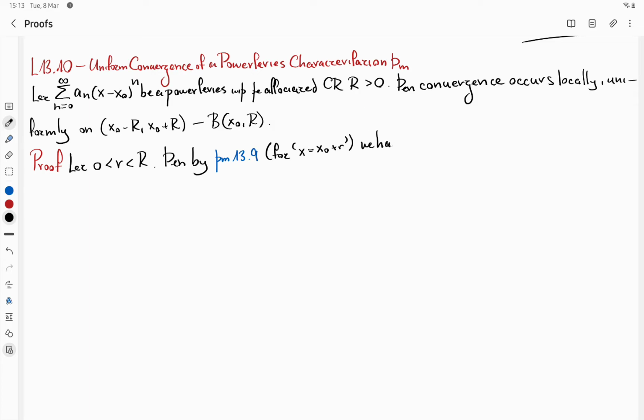So we have the series of an times r to n, where n ranges through 0 to infinity. And we know that this converges absolutely.